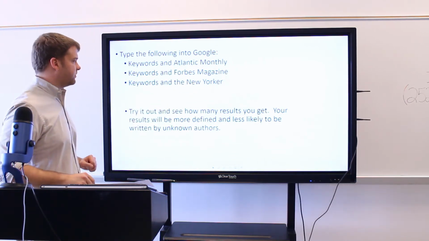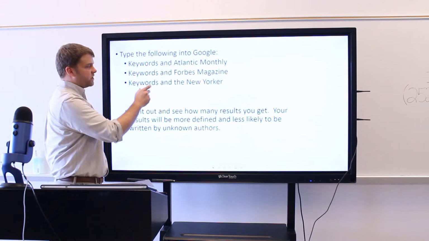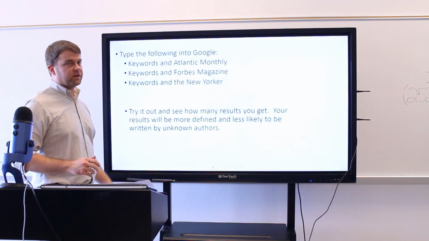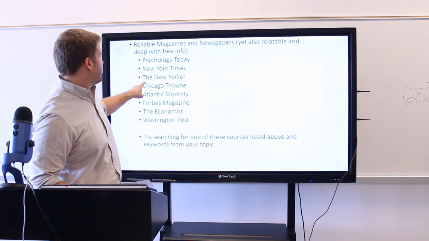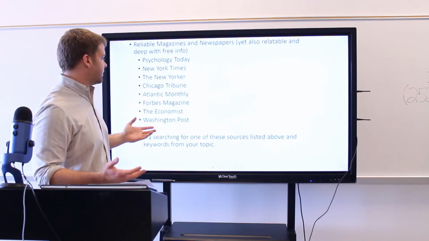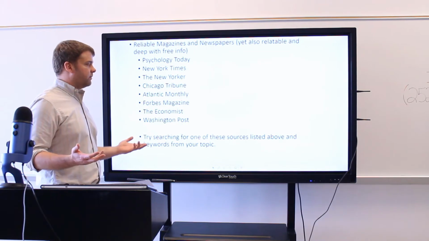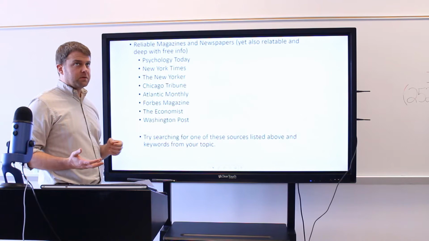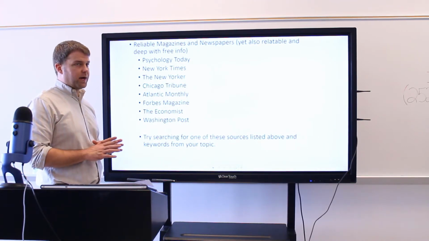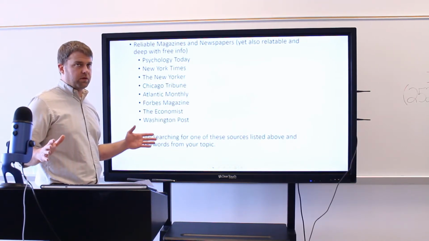The New Yorker's a little more specific. New York Times and switching careers in your 30s. You're going to find something that comes up in the New York Times, or maybe the Atlantic Monthly. These two I always find lots and lots of. They're sort of wide-ranging and they cover most topics.